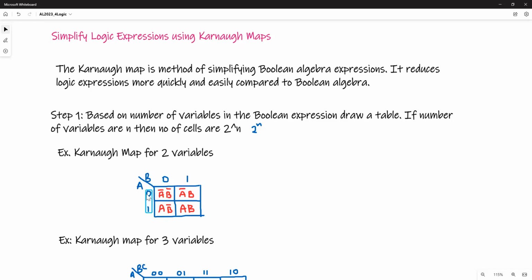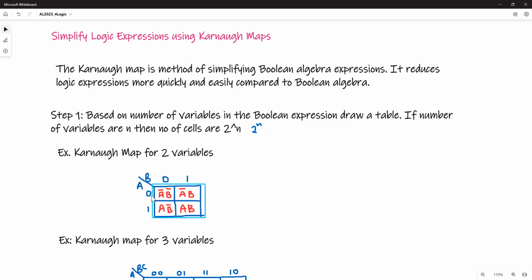And in each cell we are trying to represent both states. For A, we can take 0 and 1. B also we can have 0 and 1. So, for example, the first cell represents the 0 and 0 state, which means A bar and B bar.